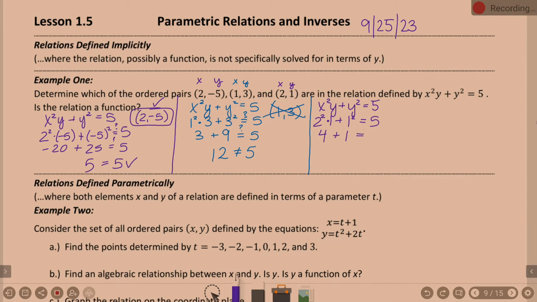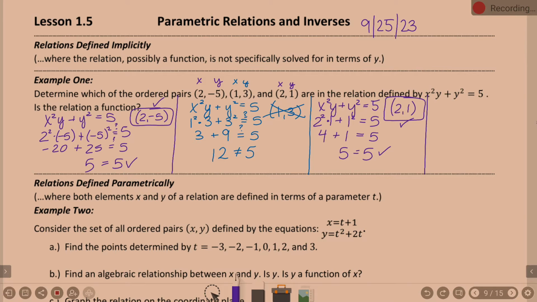What do you know about 4 plus 1? It equals 5. And that was the ordered pair 2, 1. So 2, 1 does work, yes? So the first part, determine which of the ordered pairs are in the relation: we decided 2, -5 and 2, 1.